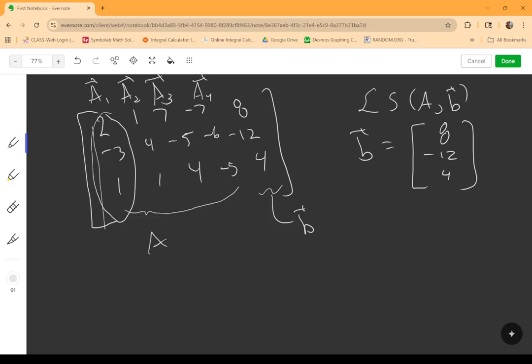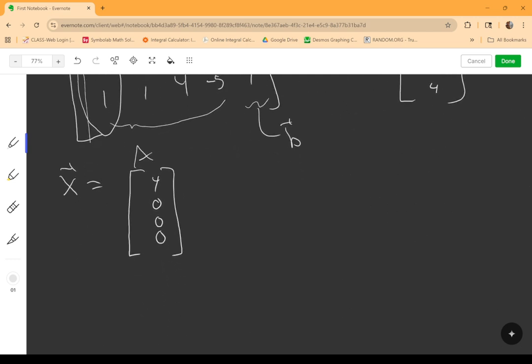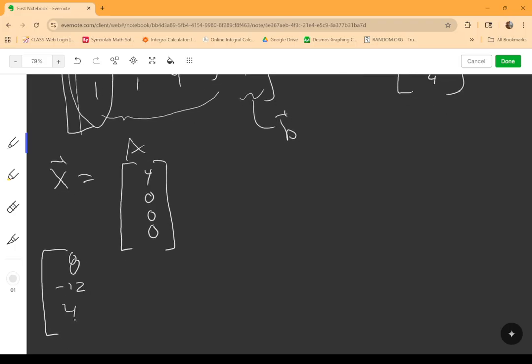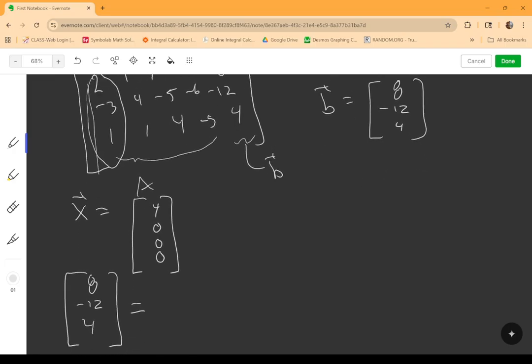Now let's say I knew that a solution to this system was 4, 0, 0, 0. What that theorem tells me is that my column vector b, 8, negative 12, 4, can be written using the column vectors of the coefficient matrix.